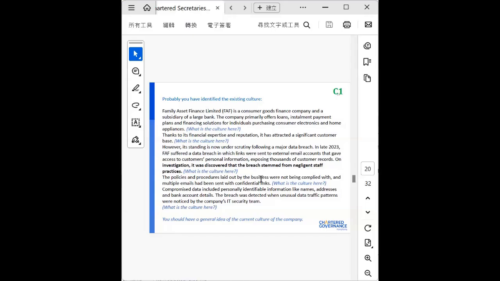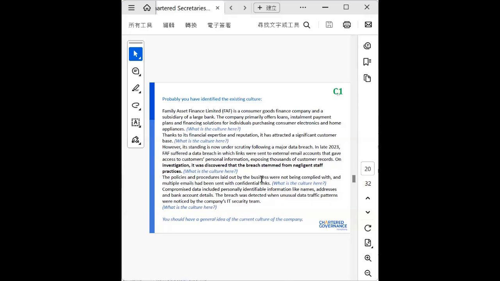And it says the policy and procedures were not being complied with, with multiple emails sent out with confidential links. So again, you can see a culture that lacks adherence to internal norms and standardization. It's getting loose right now.